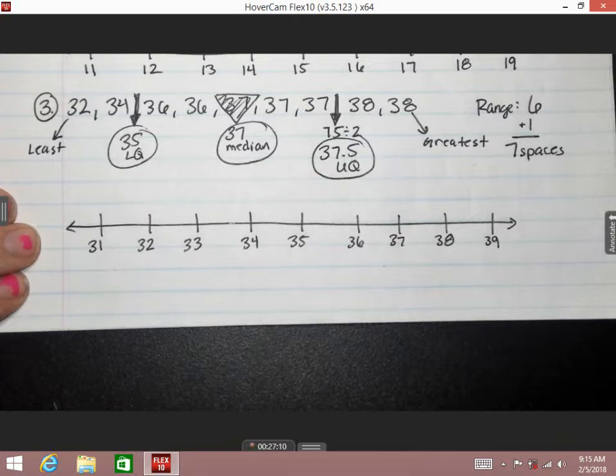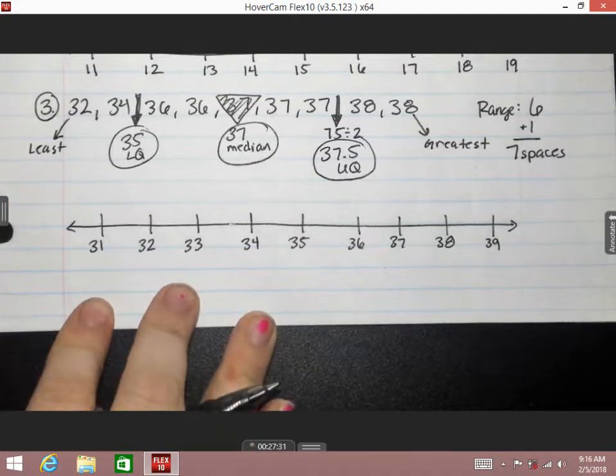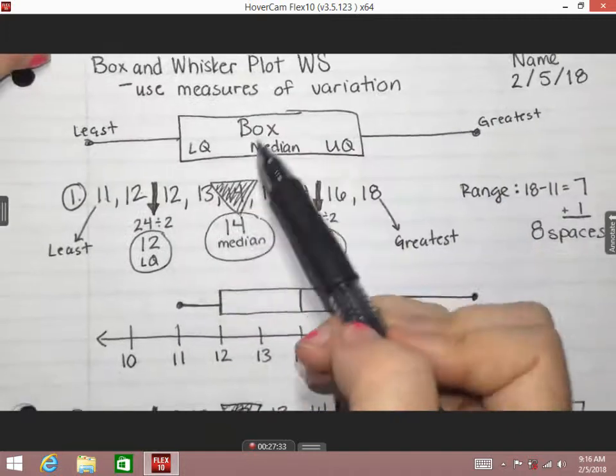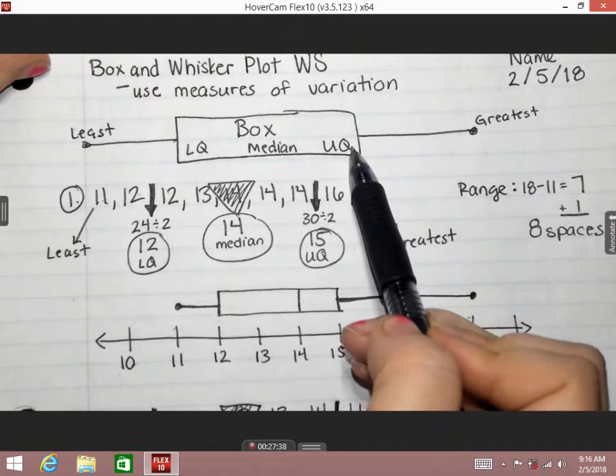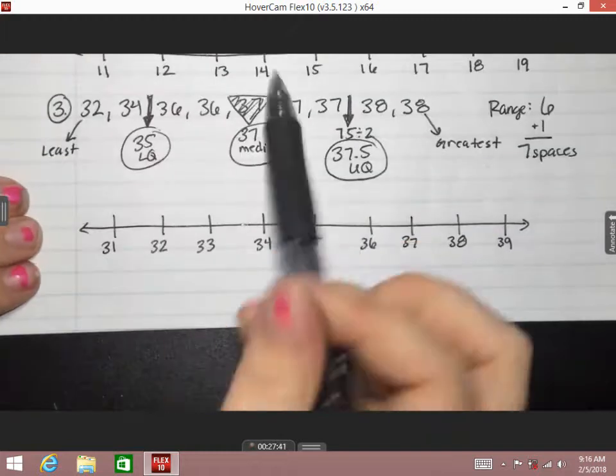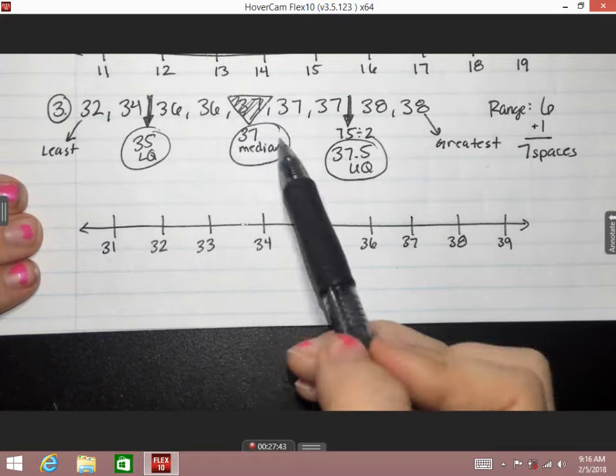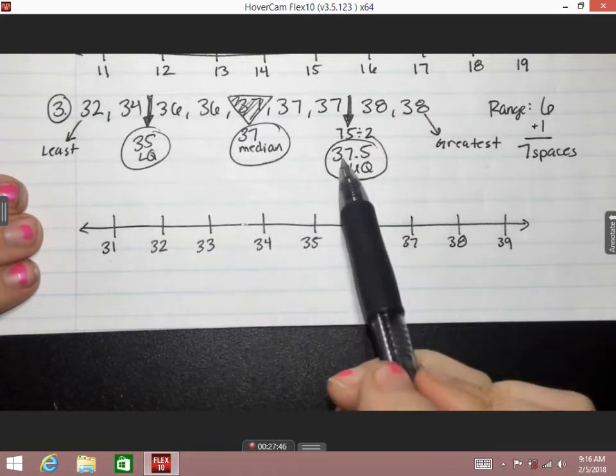All right. Where do I need my lines to make my box? What's a number that needs a line, Ava? So if we look up at the top again, what does it say we make our box with? The LQ, the median, and the UQ, right? And if you'll look, guys, when I'm doing my work, do y'all see how I circle each of those? To me, that makes it easy. If it's circled, it makes the box.